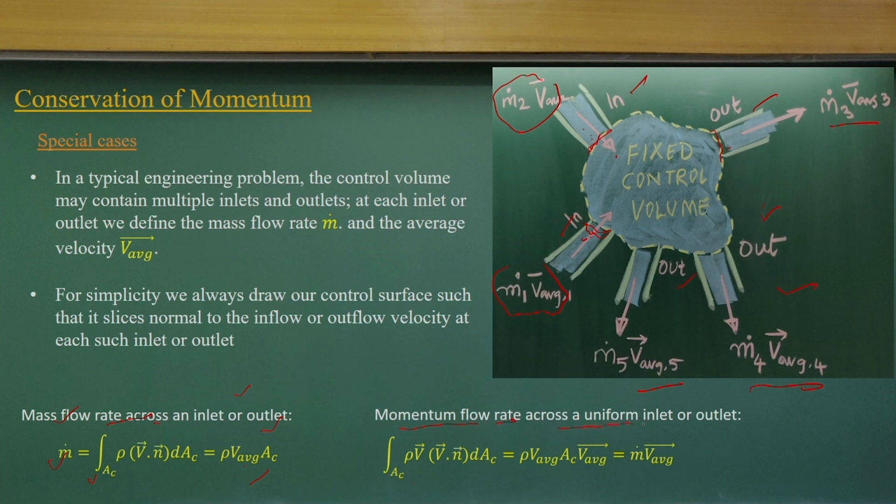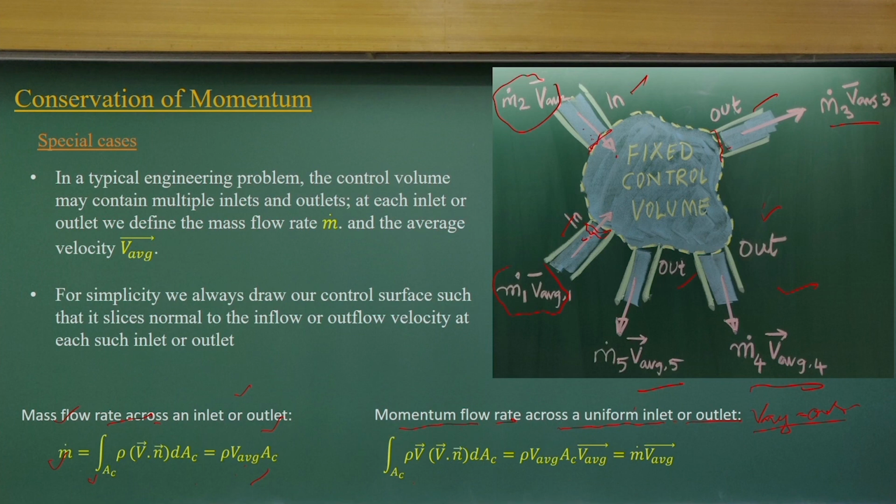If you assume a uniform inlet, that means the velocity is not changing, V average is a constant, or the velocity variation is not there, that is what you call uniform velocity. That condition does not always hold, but in some cases we can simplify that.